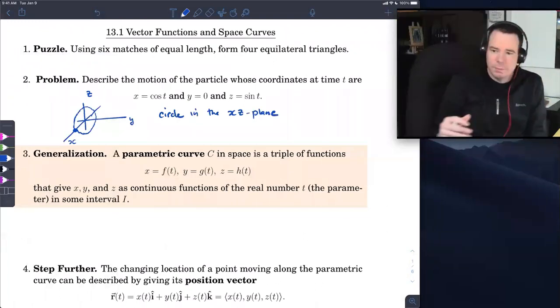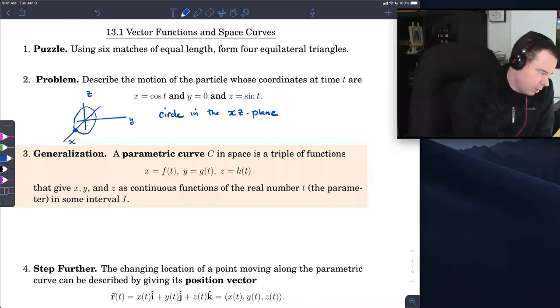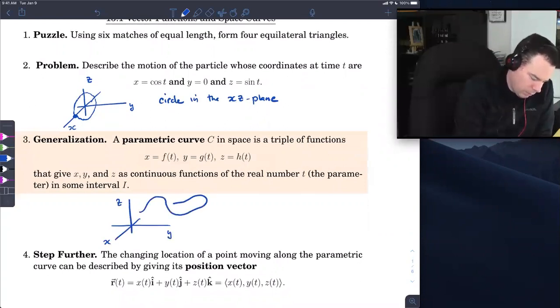So a parametrized curve is a triple of functions, x equals f of t, y equals g of t, z equals h of t, where each of those functions is just a function of a single variable with a real value output. And so what we're doing is we're thinking of space x, y, z, and this thing as capturing the motion of a particle as it maybe moves through space.